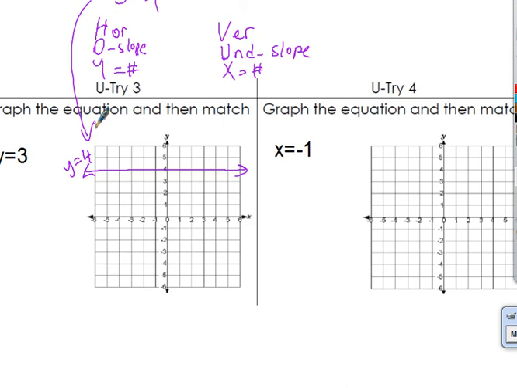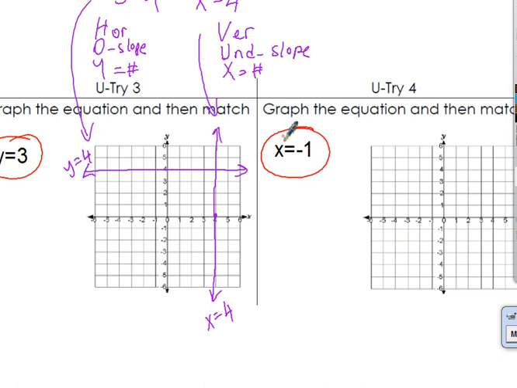If I were to have x is equal to 4, then I will end up drawing a vertical graph at 4, up and down passing through 4, undefined slope. Equation of this line would be x is equal to 4, and this is the example for this one. Now go ahead and solve or graph these two as your last 2 tries onto 2 different graphs.